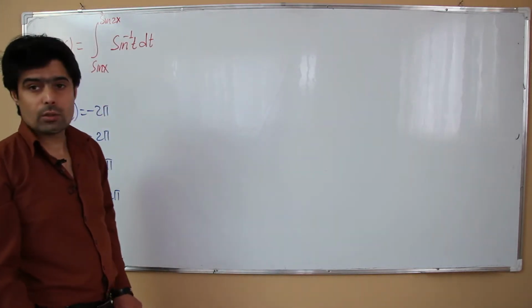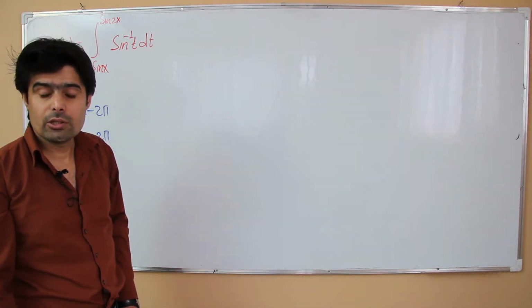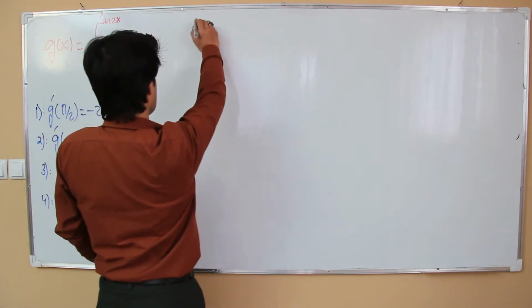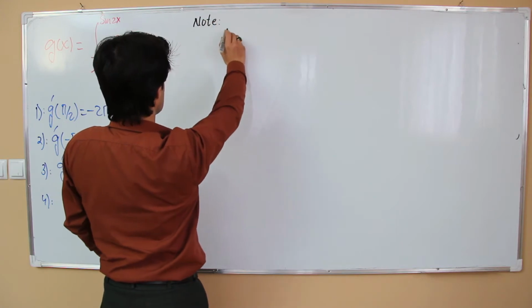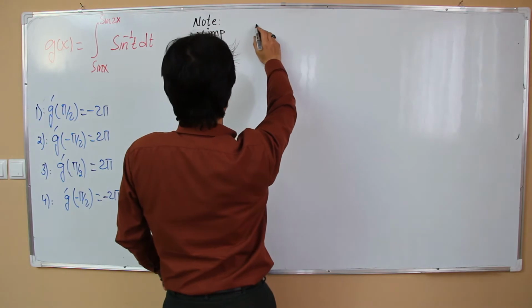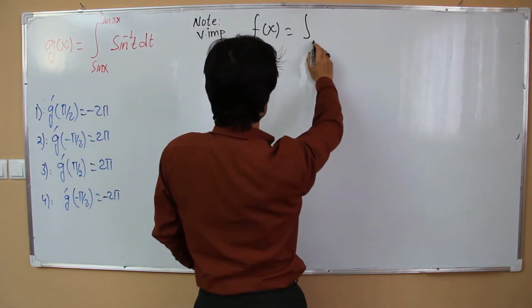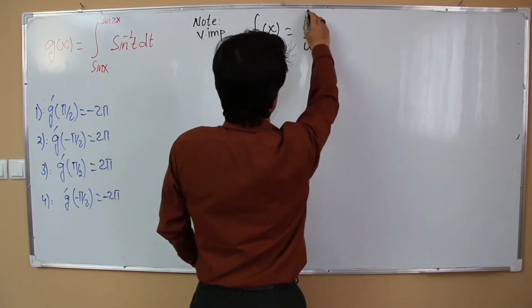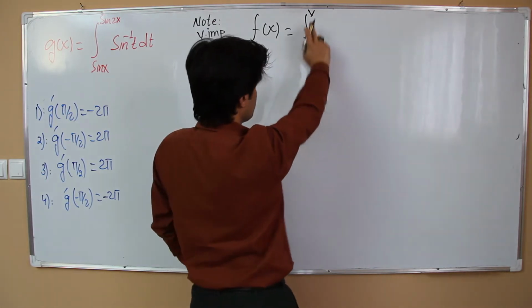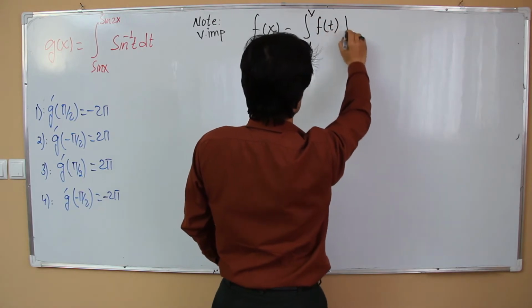Another choice that we have is a very simple formula for the derivative of an integration function. I mean, it's very important. If you have a function f(x), which is the integral from u up to v, the lower limit is u and the upper limit is v, of f(t) dt.